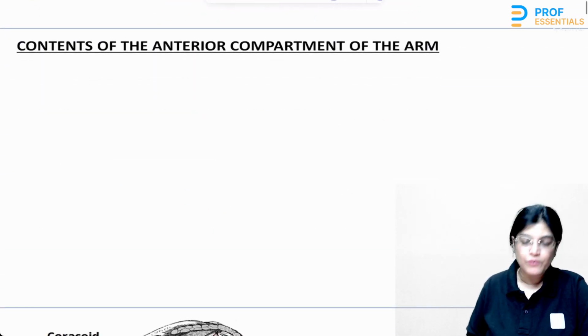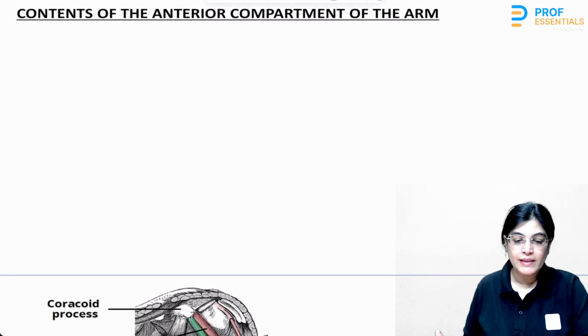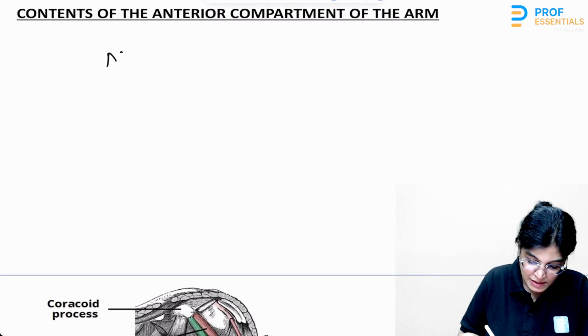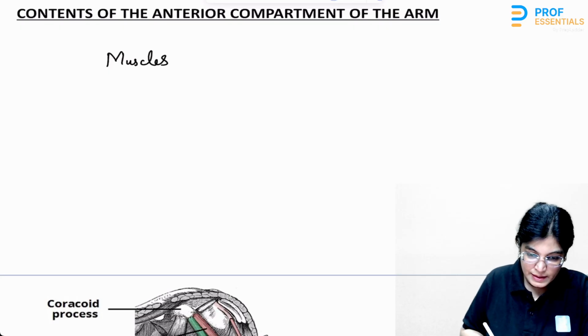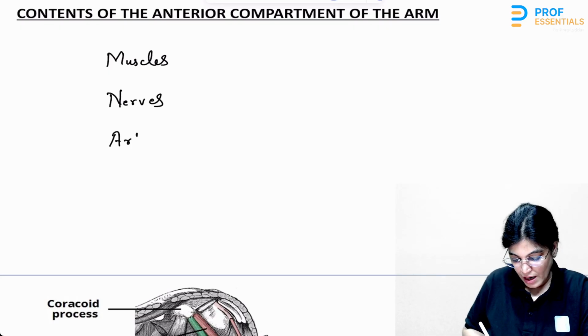What is important for you to know is which structures are considered the contents of the anterior compartment of the arm. We will have muscles, nerves and artery.